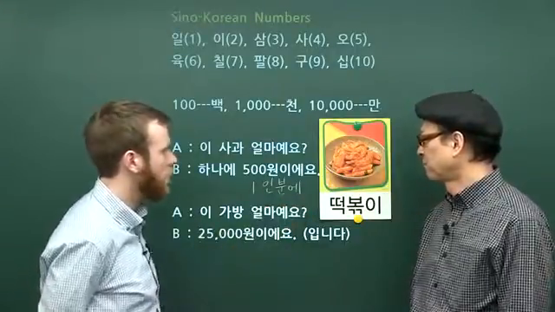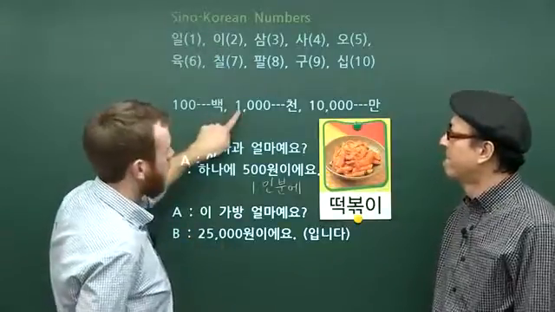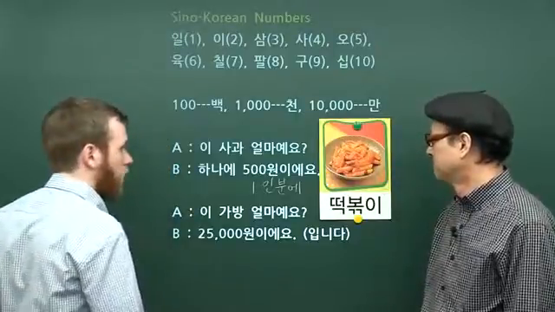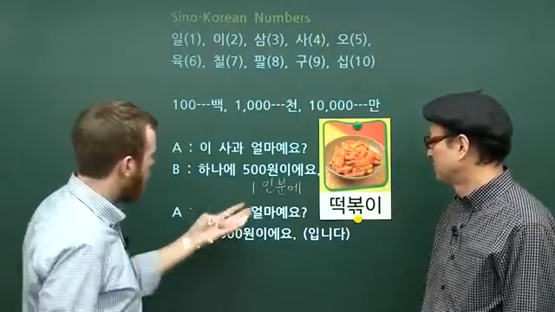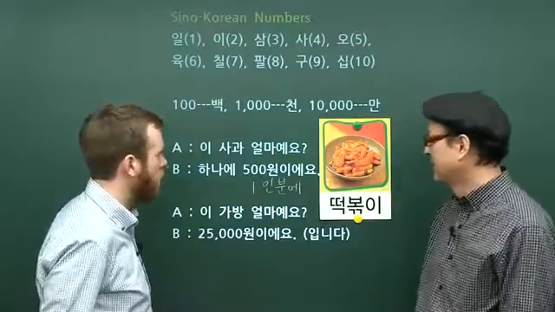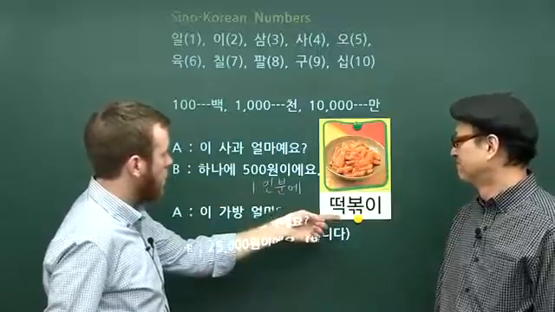How much did we say it was? 2,000원. So 2,000원 would mean 2,000 won. Okay, that's a good deal. How about if I wanted maybe 4 portions? 4인분. So 이 떡볶이 얼마예요?